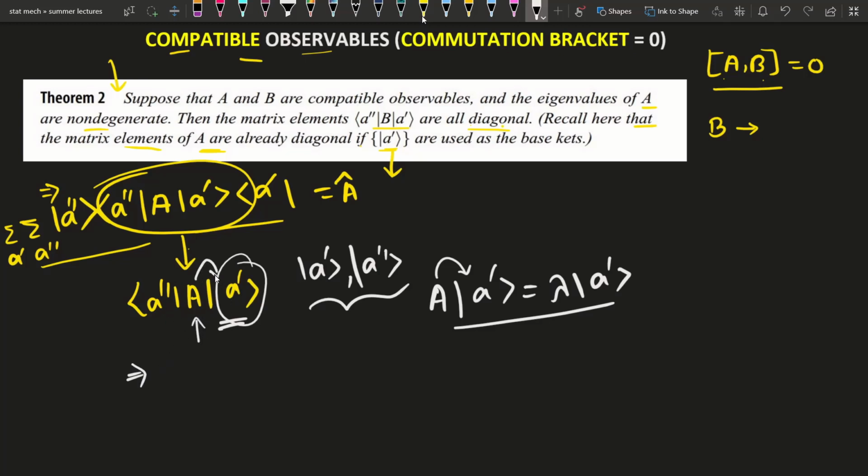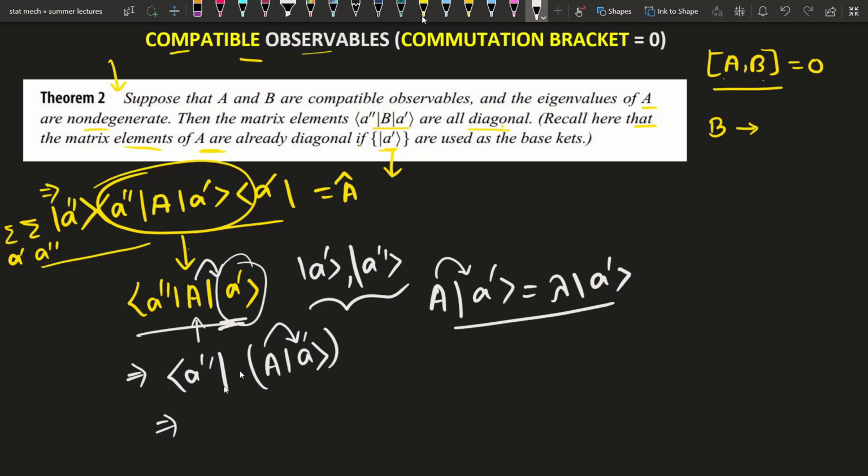Why? Because this means actually A acting on this, right? Then first it will operate on this and give some constant.